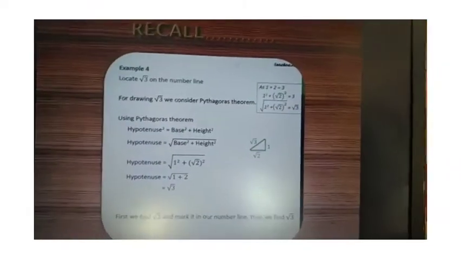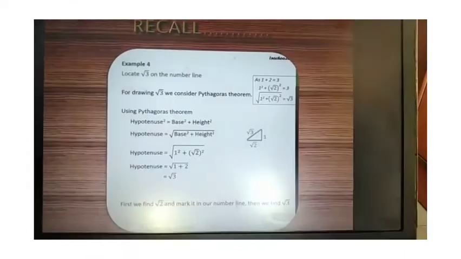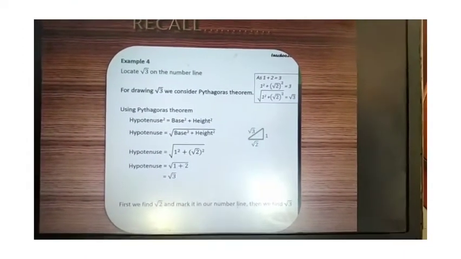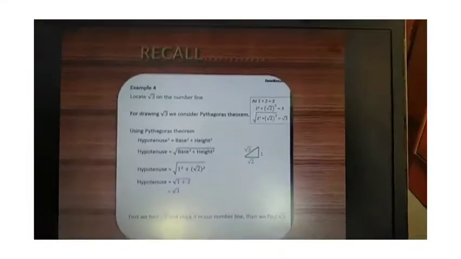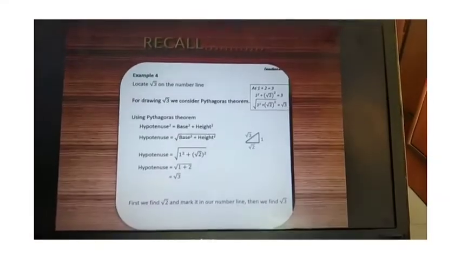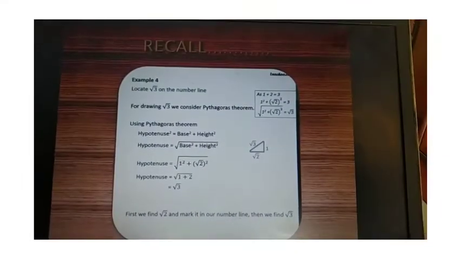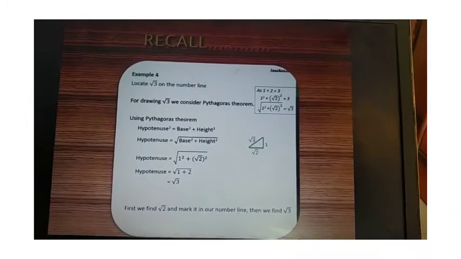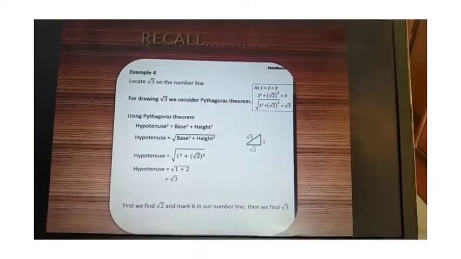So this is an example from your textbook. Locate root 3 on the number line. Before locating the number on the number line, we have to draw a right angle triangle and a simple solution here using Pythagoras theorem.